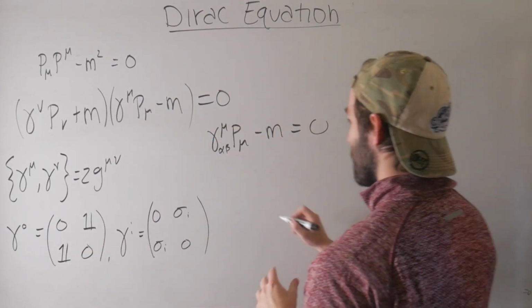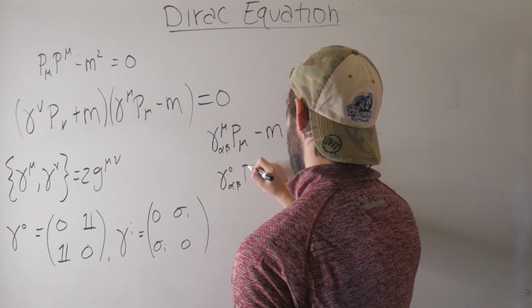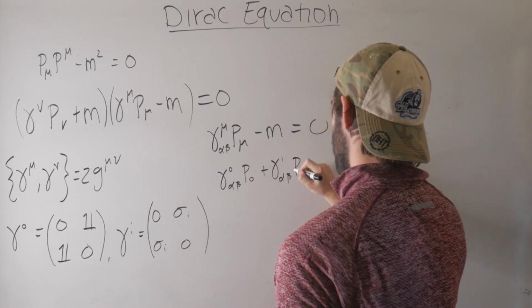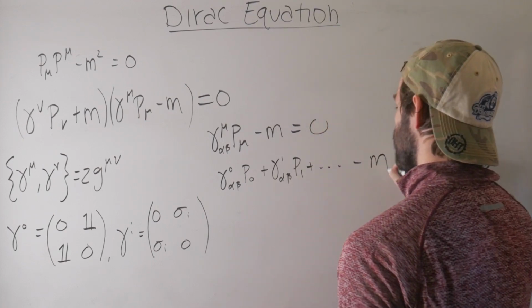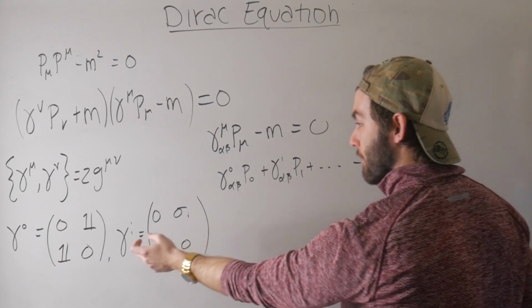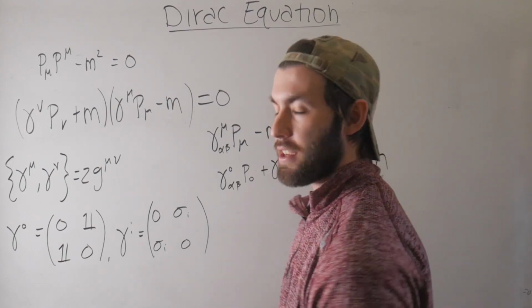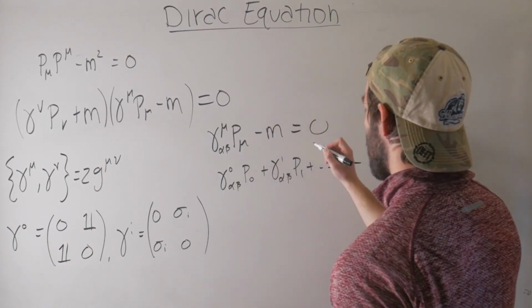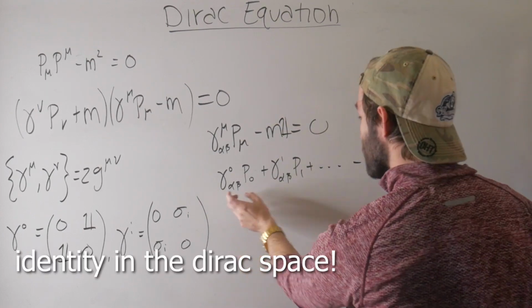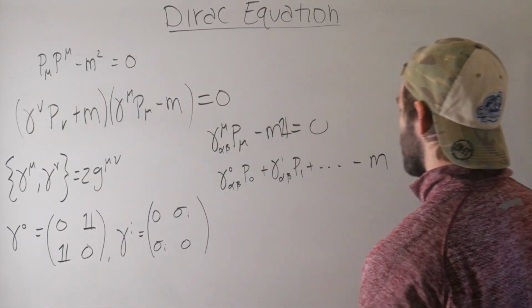So it's a Lorentz scalar, but if we multiply it out, you have gamma 0 alpha beta P0 plus gamma 1 alpha beta P1 plus dot dot dot minus m. We've got a number times a 4x4 square matrix, minus something that looks like a scalar. So for things to make sense dimensionally, you could think of just tacking on an identity matrix onto this mass term, since we're dealing with matrices, minus this m.